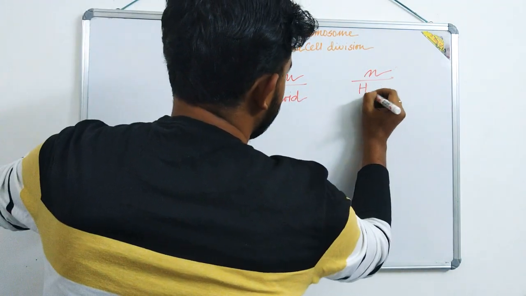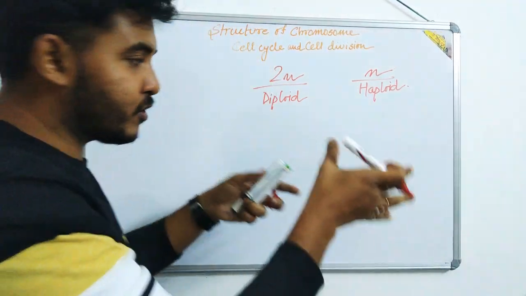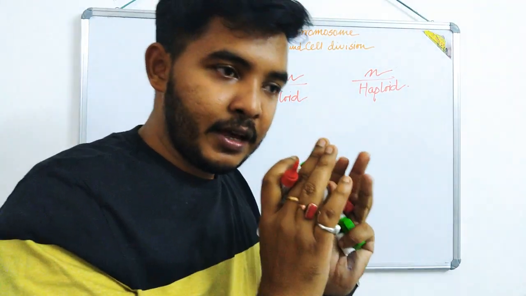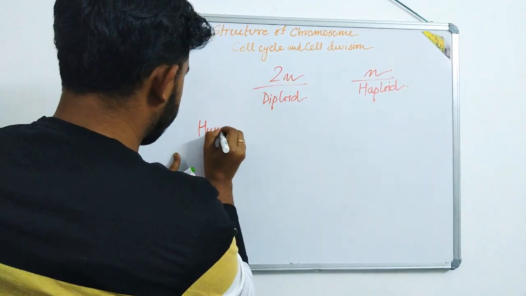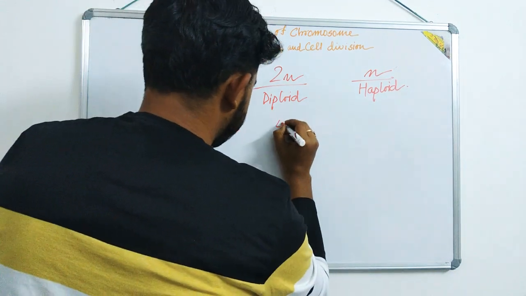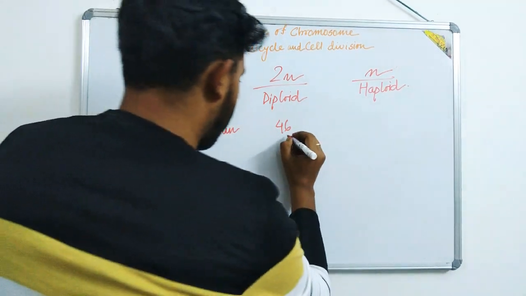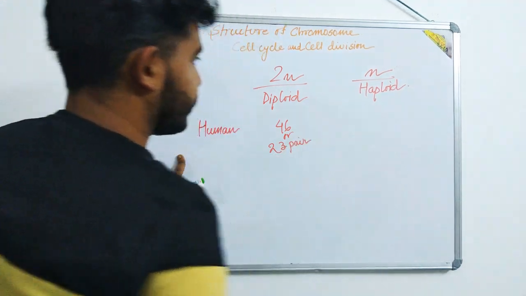N means haploid. These two terms always come with chromosomes. As you know, in us, in human beings, we have how many chromosomes? 46 chromosomes, or 23 pairs.